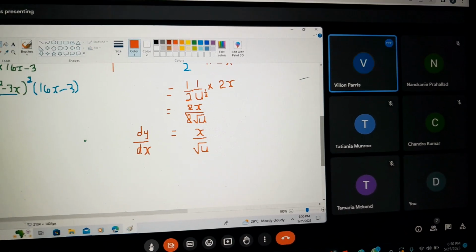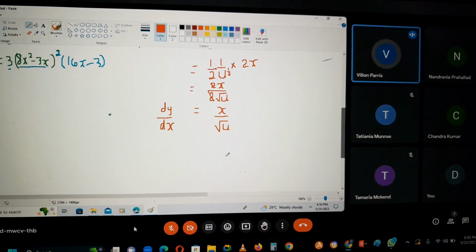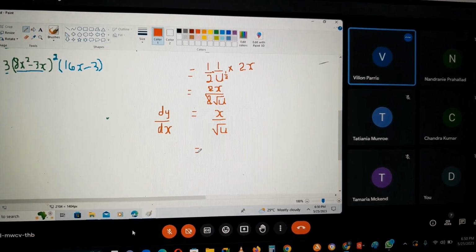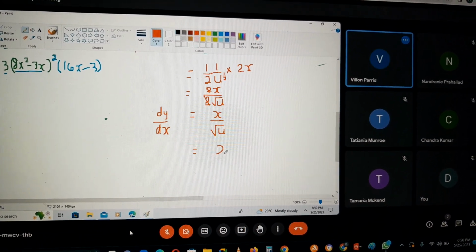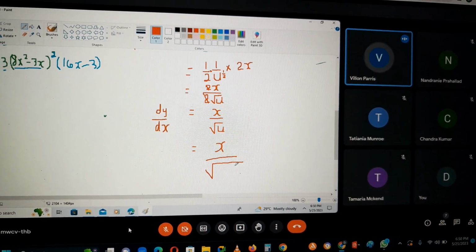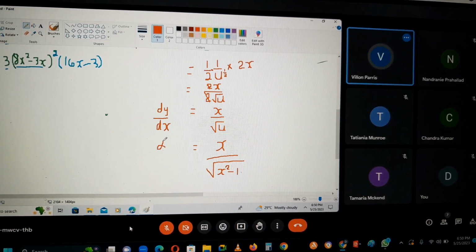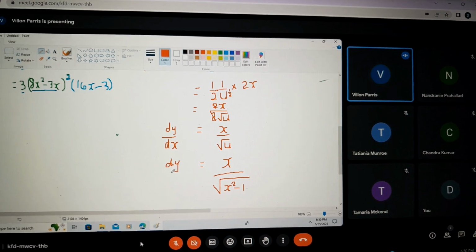Of course. So we substitute back the value for u, and the value for u is x squared minus 1. So our final answer would be x over the root of x squared minus 1. So that would be my dy dx.